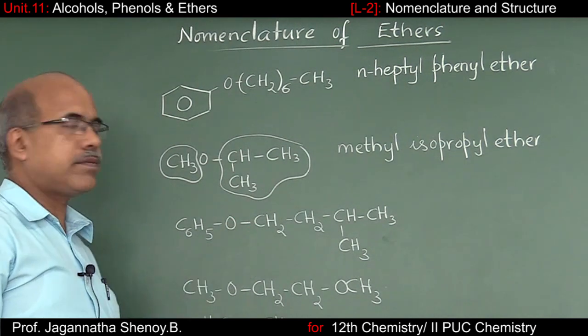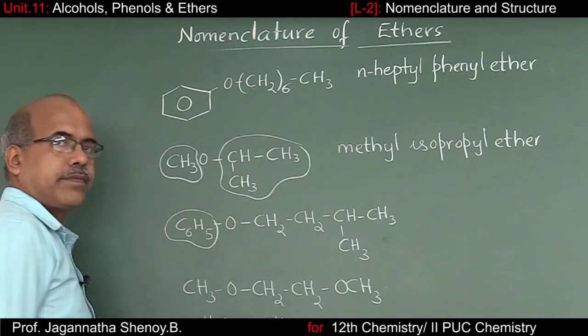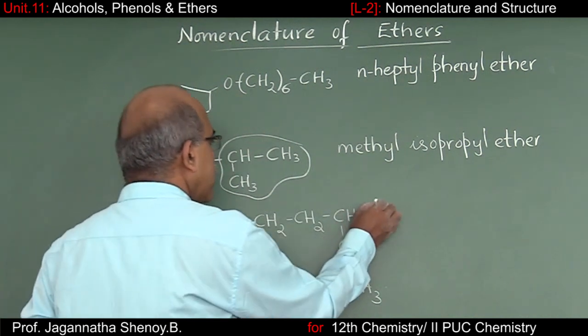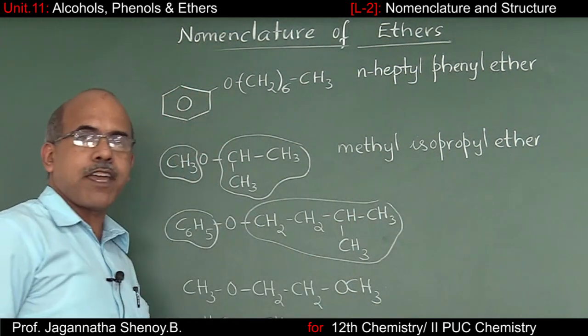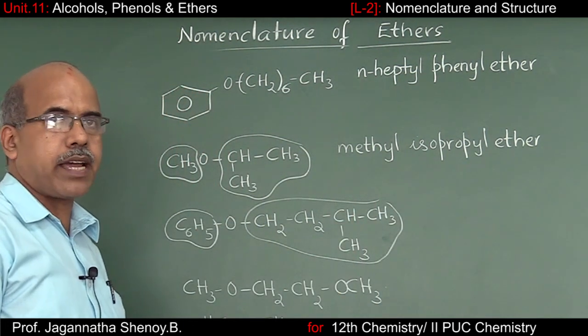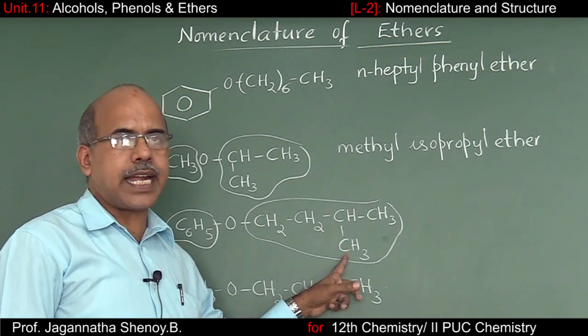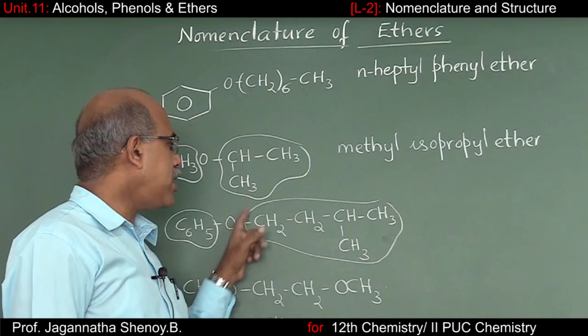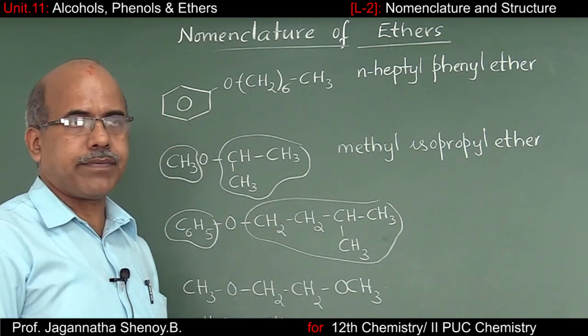Coming to this, here we have a phenyl group. And in this group, if you consider the common name, altogether there are 5 carbon atoms, a pentyl derivative. On the second carbon atom, you have a methyl side chain. So in the common nomenclature, we call it isopentyl.